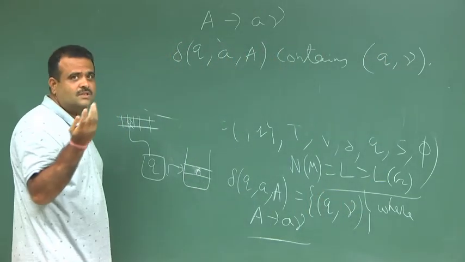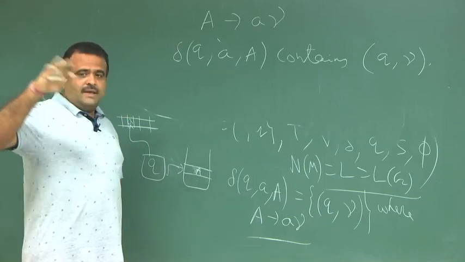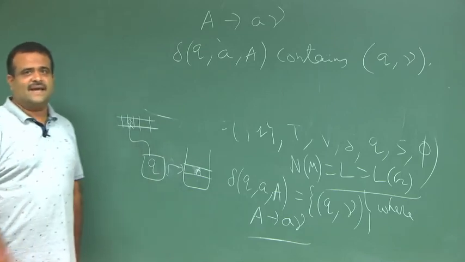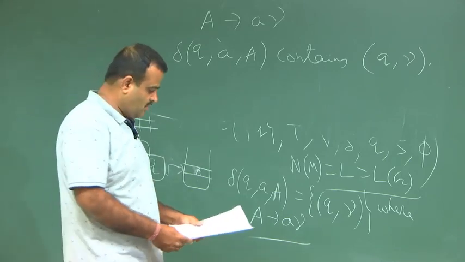Okay. Q is the only one state, so it will hop in that state, but the only thing it should do is make some changes in the stack, and slowly we have to empty the stack. So, this is the way.